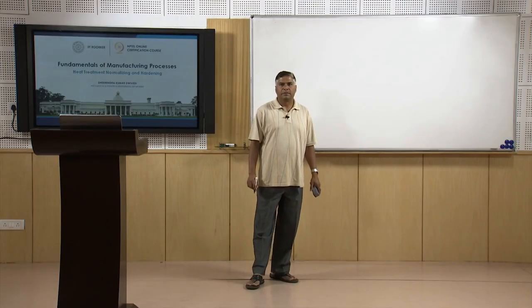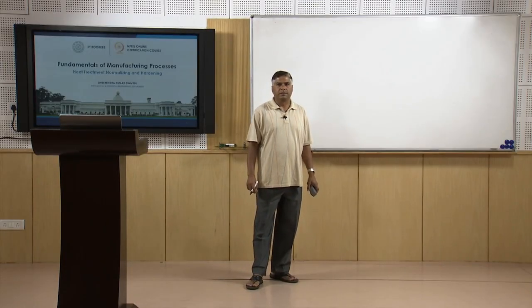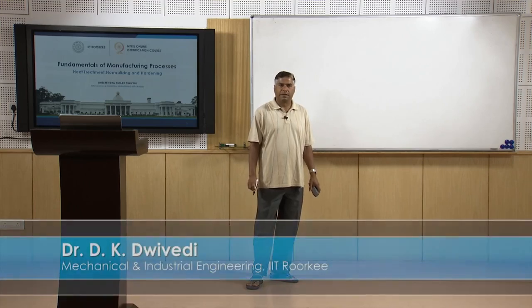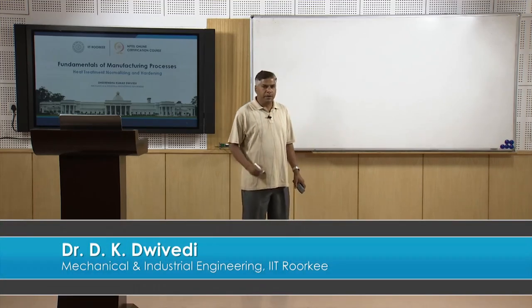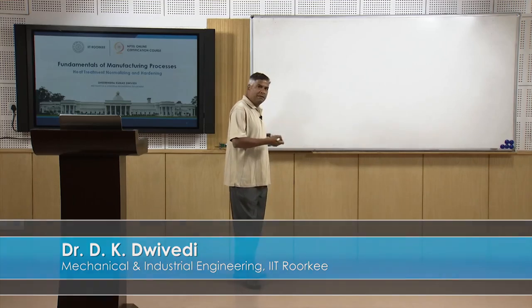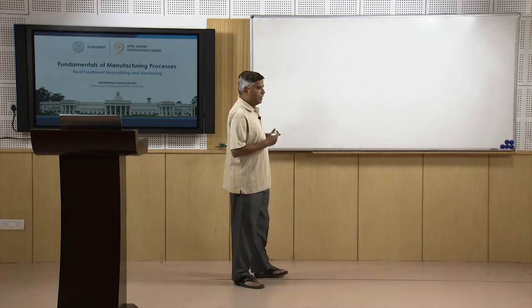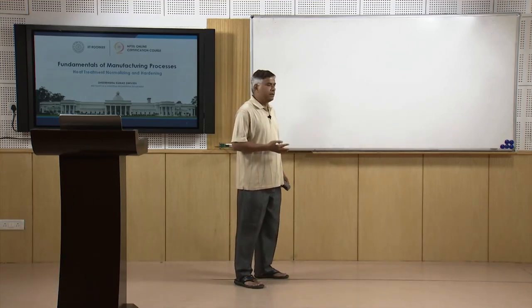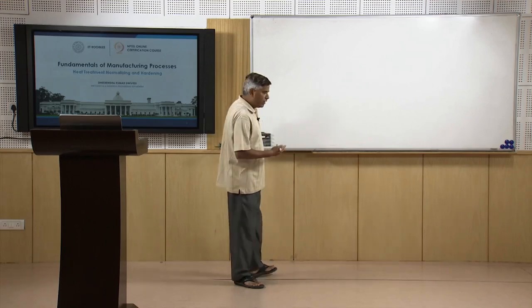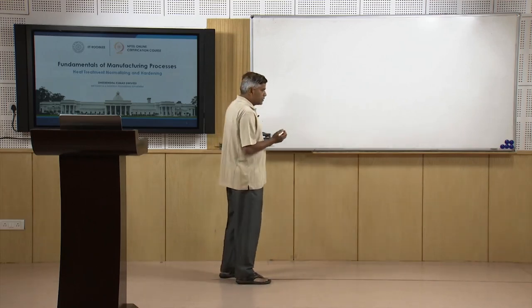Hello, I welcome you all to this presentation related to the subject Fundamentals of Manufacturing Processes, and we are talking about the methods which can be used for improving the mechanical properties, and the properties in general, of the manufactured component.